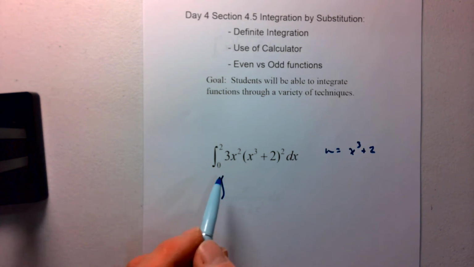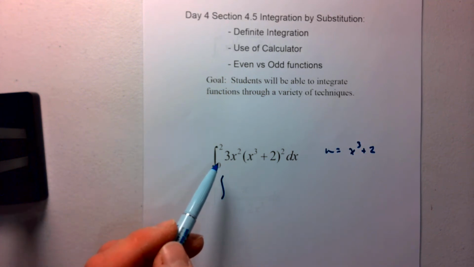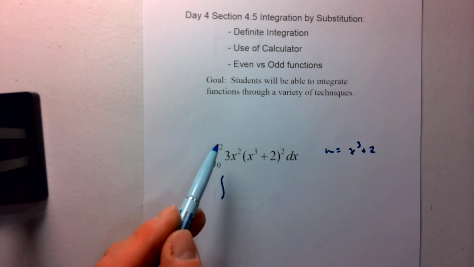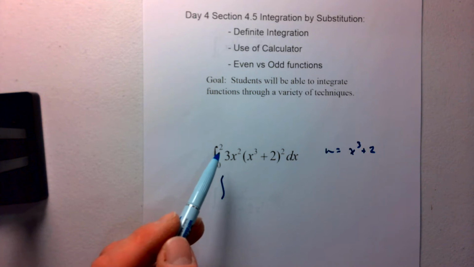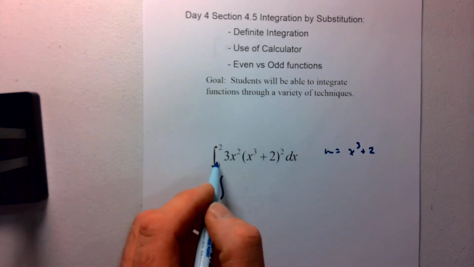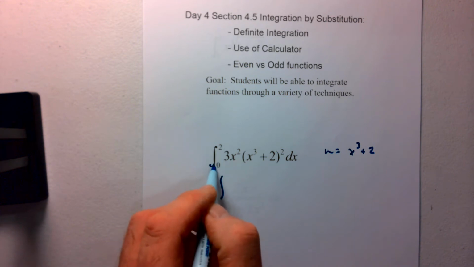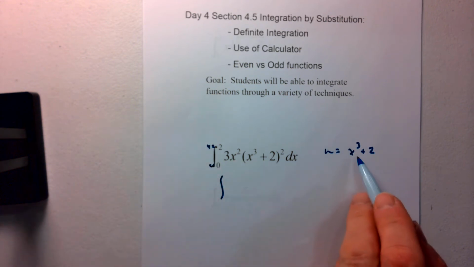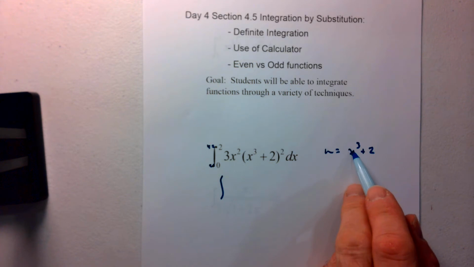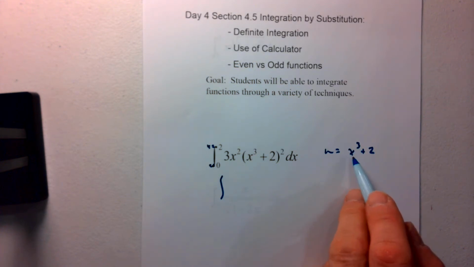So when I set up my integration, we have to be very careful because these values are talking about x values. They're not talking about u values. So there's a couple ways around this. One, you could switch these values, since they're x equals 0 and x equals 2, to u's by plugging 0 and 2 in here.